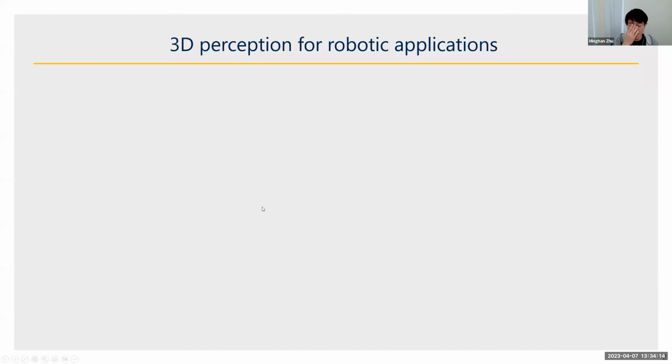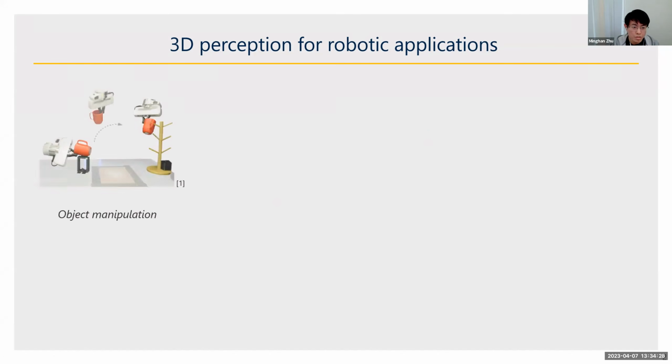So let us start with robotic applications. We are all in this mobile robotics class, and I think we have a lot of robotic applications in mind. For example, object manipulation, which is basically having a robot arm or hand to grasp and manipulate objects, a typical robotic task.